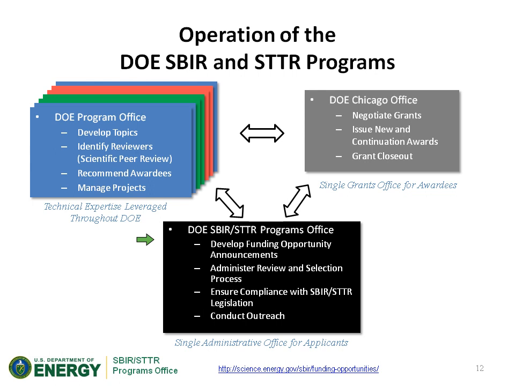We work closely with, as I mentioned on the previous chart, all the different R&D programs throughout the department. Their role, again, since they really have the technical expertise, is to develop the topics. When you submit your proposal, they will identify appropriate reviewers, make award recommendations, and finally, those are also the folks that would manage your project once it's underway.